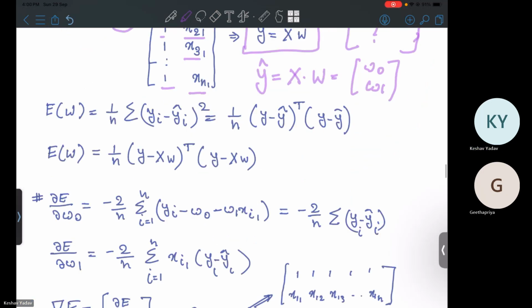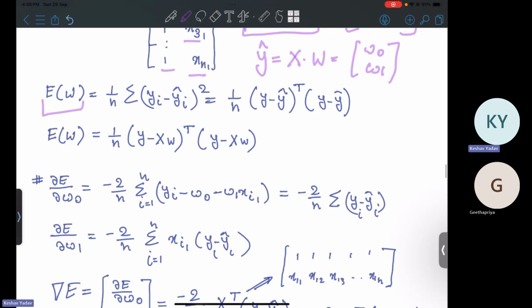Now the least squares error E of W can be represented as 1 upon n summation of yi minus yi hat squared. This can be represented in vector format as 1 upon n times (y minus y hat) transpose multiplied by (y minus y hat).